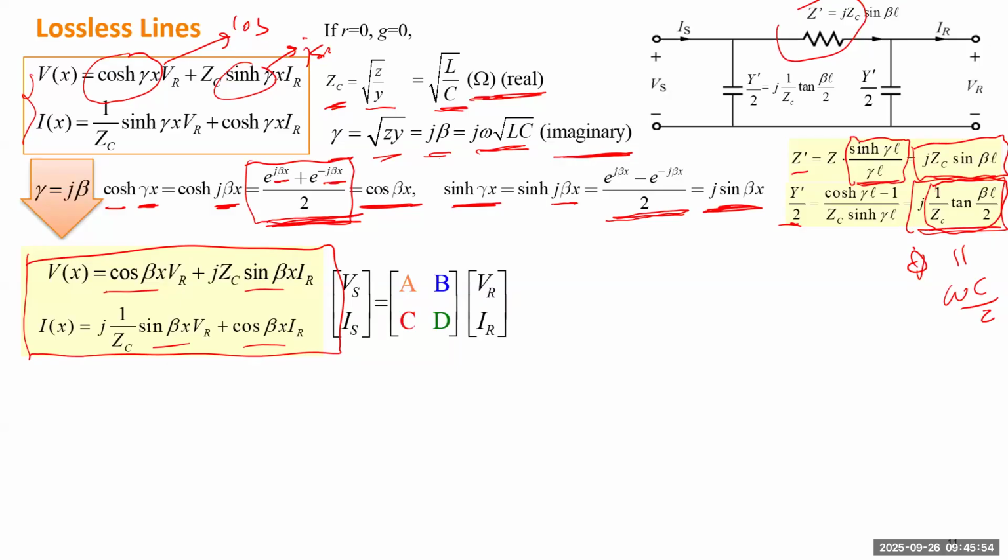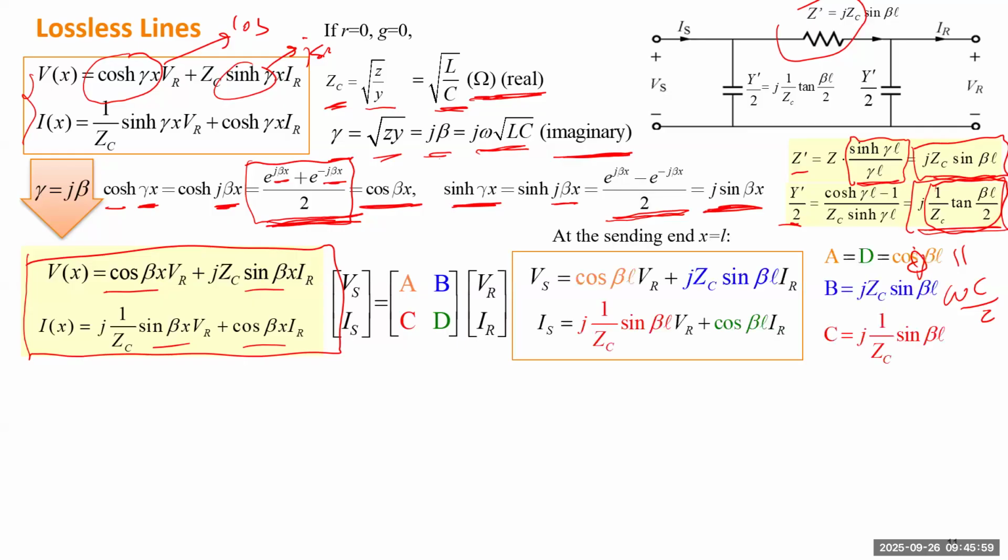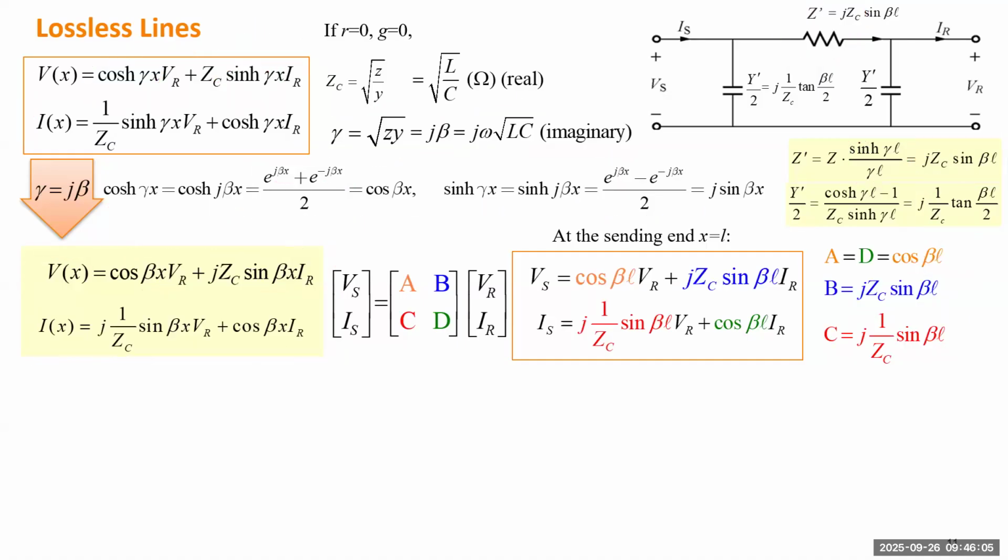If we compare this to the transformation with the matrix A, B, C, and D, we can match by letting x be L. So we can match A, B, C, and D. In this case, because we take the pi model, not the gamma model, we split the admittance into half on both ends to make the model symmetric.